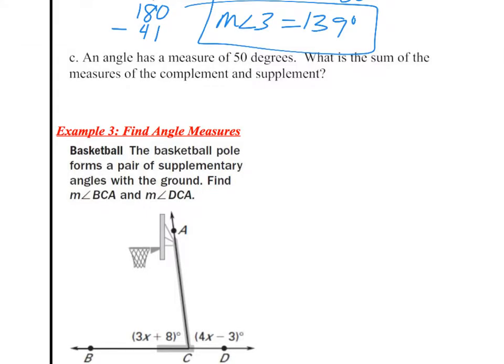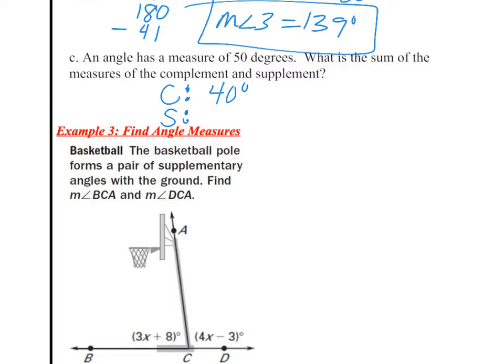So we want the complement of 50 degrees. Alden, what's the complement of 50 degrees? 40. Okay. Great. Now I need the supplement of 50 degrees. Seth, what's the supplement of 50 degrees?